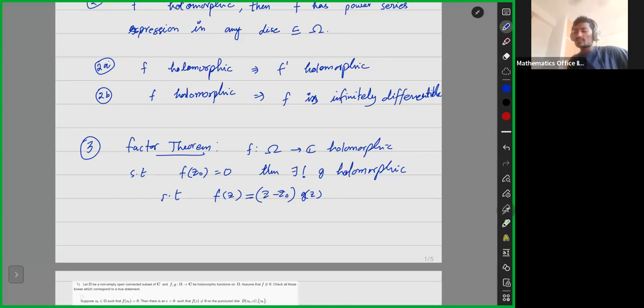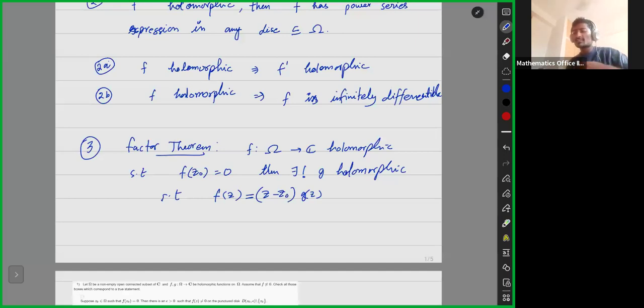So what the proof is like: get a power series expression for F of z, and you will see that because F of z naught is equal to 0, you have to take the expansion around z naught, so you will not have a constant term. So your power series expression starts with z minus z naught divided by 1 factorial, then z minus z naught squared divided by 2 factorial, this way.